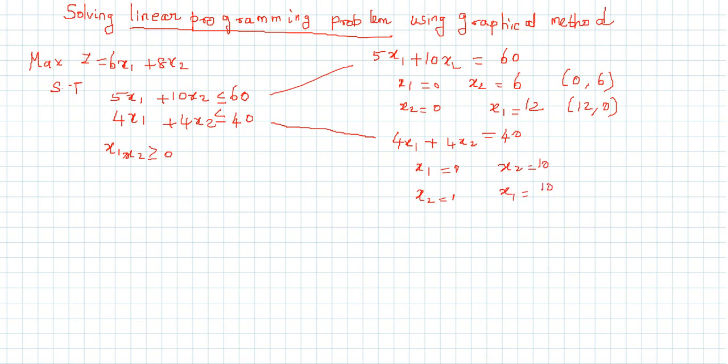So we get two points, (0, 10) and (10, 0). So we have calculated the x1 and x2 values for each constraint: for the first constraint it is (0, 6) and (12, 0), and for the second constraint (0, 10) and (10, 0).